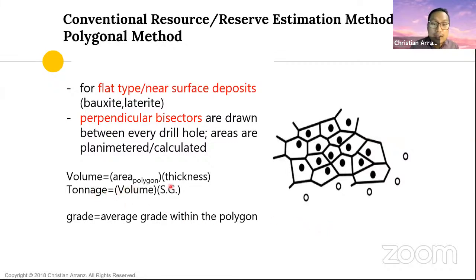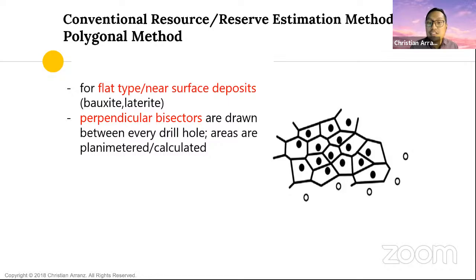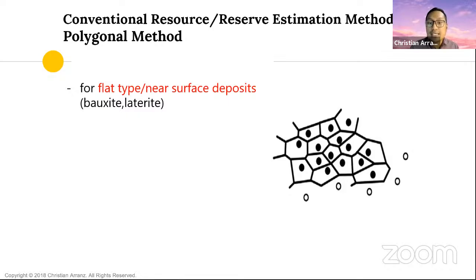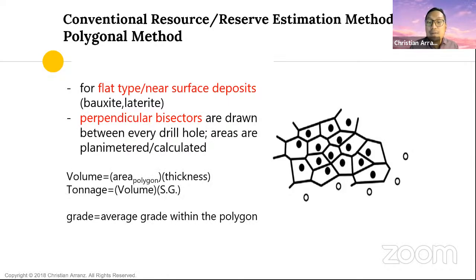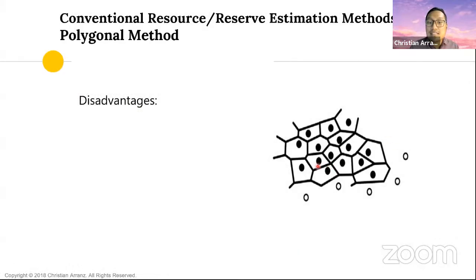You now calculate the volume by multiplying the area and thickness, and then get the tonnage by multiplying that volume to SG. And then the grade naman here, similar with the square or rectangle method, is actually represented by the single drill hole at the middle of each polygon.